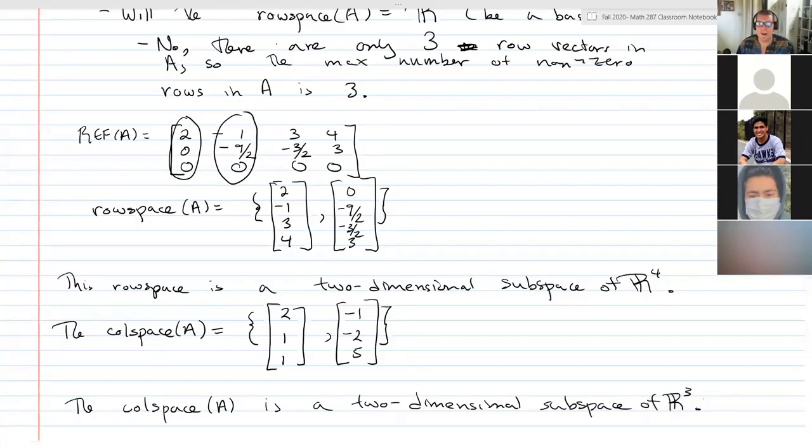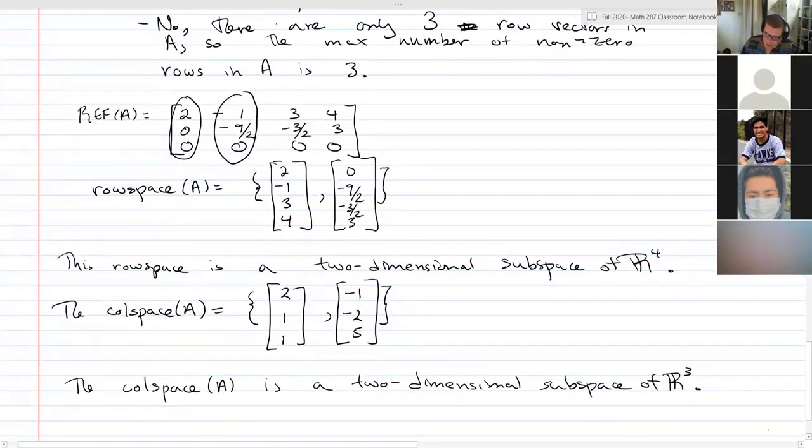Since we are required to have 3 linearly independent vectors to have a basis for R3, the column space of A is not R3 either. So in this case, we don't have enough vectors in either our row space or our column space to span either R3 or R4. And that's just the truth.